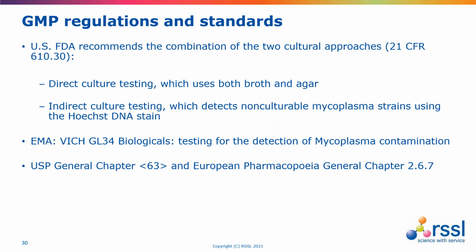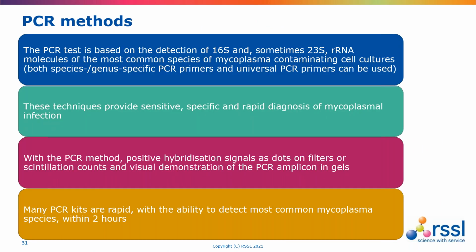But in the 1990s, there were advances with Mycoplasma detection and with the development of suitable PCR assays, and the PCR then largely replaced the ELISA-based alternative assays that we also mentioned earlier. So the PCR test is based on detection of the Mycoplasma genome, typically the 16S or sometimes the 23S RNA molecules of the most common species of Mycoplasma that will contaminate cell cultures.